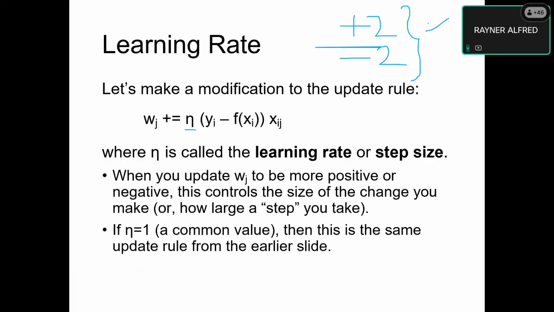Okay, this is the size of changes that you are making, but you can make it smaller. For example, you want to multiply with 0.3. So that means the changes are made according to the learning rate. So we can make it smaller or bigger, or maybe you can multiply with 2 again. Make it big.